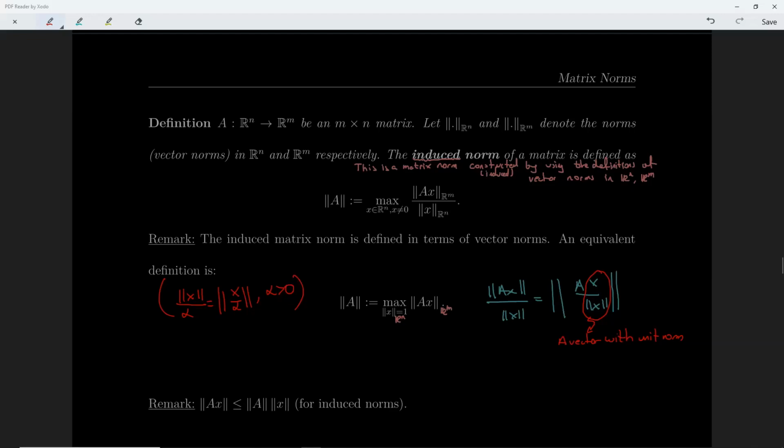These are the unit vectors that we showed by plotting the unit spheres in our previous lecture. So these two definitions are equivalent, and we will use both of them.